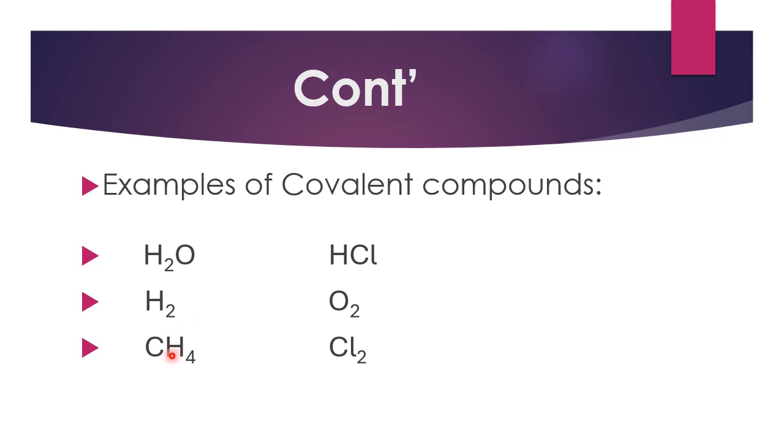We have methane, hydrochloric acid, oxygen, and chlorine. These are some examples of covalent compounds. But we have to know here, covalent compounds are formed between two or more different non-metals.